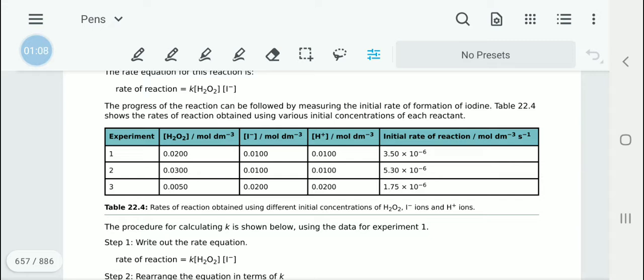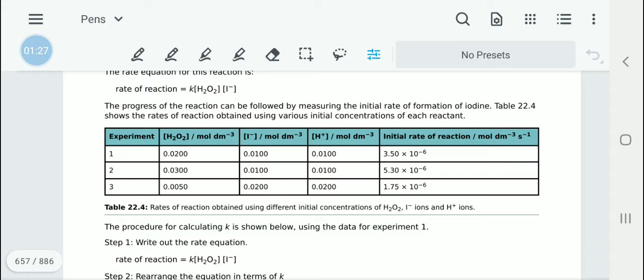So in the first experiment, H2O2 has been set at 0.02, iodide at 0.1, and hydrogen ion is also at 0.01. Then the initial rate is 3.5 into 10 to the power minus 6.